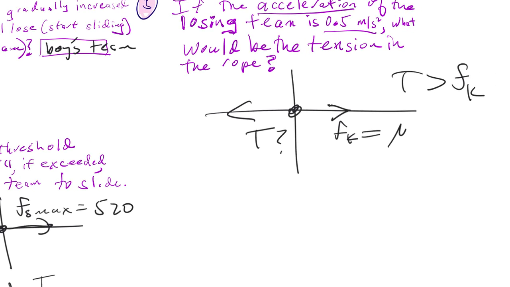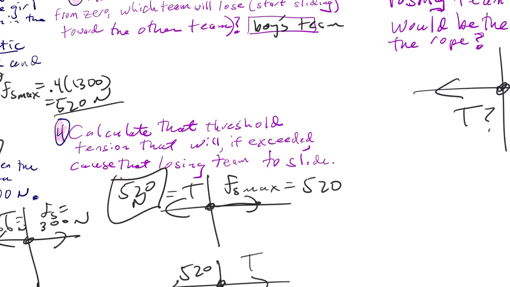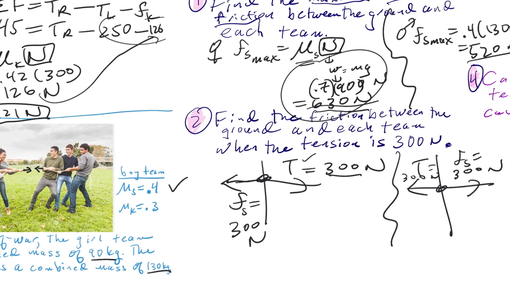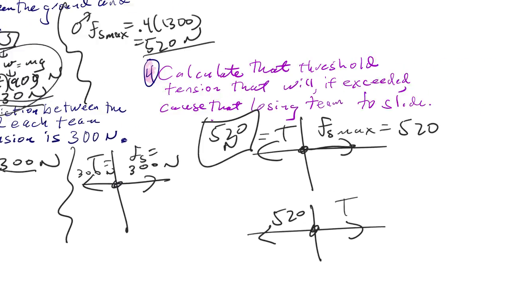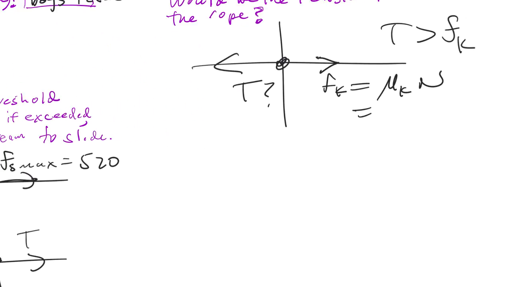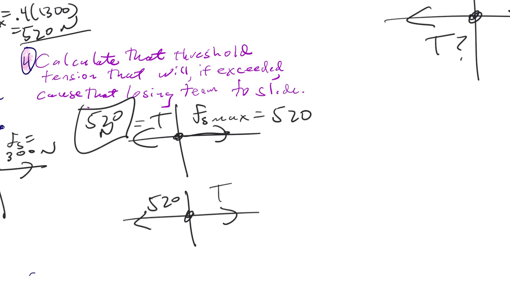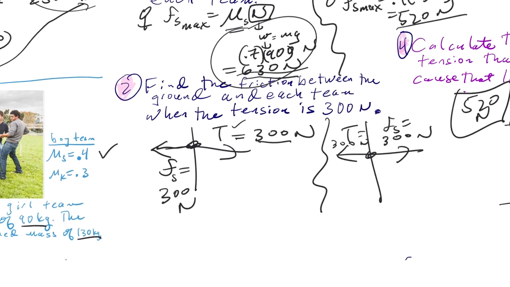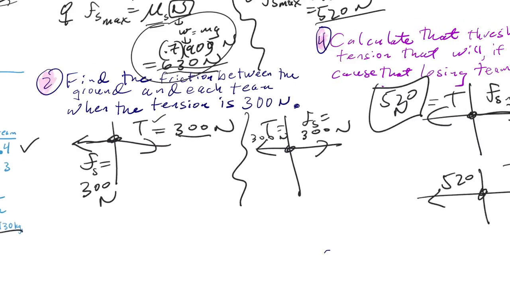It'd be mu K times N. Okay, coefficient of kinetic friction for the boys is 0.3. The normal force of the boys is 1,300.